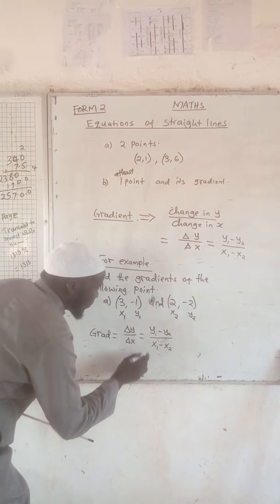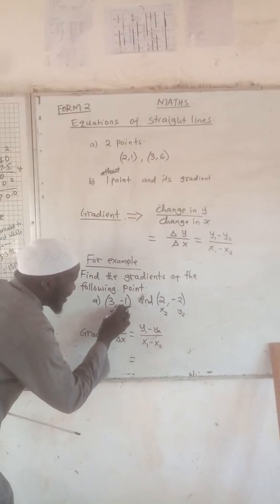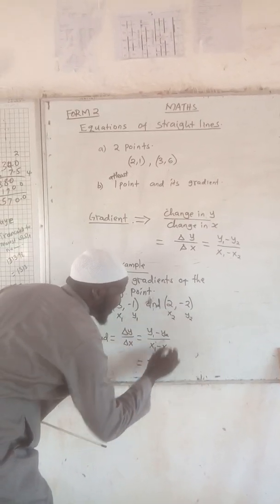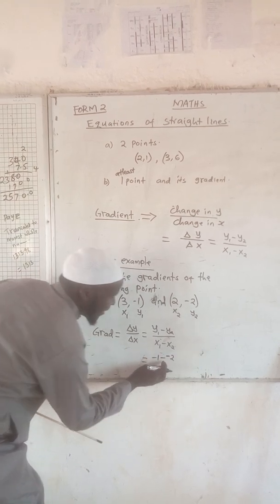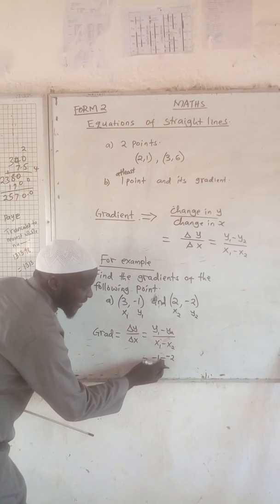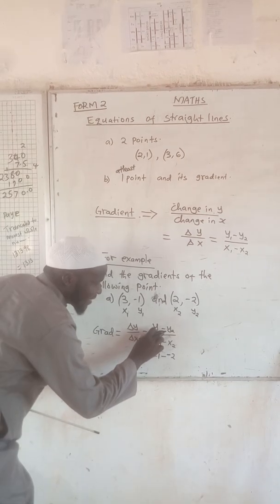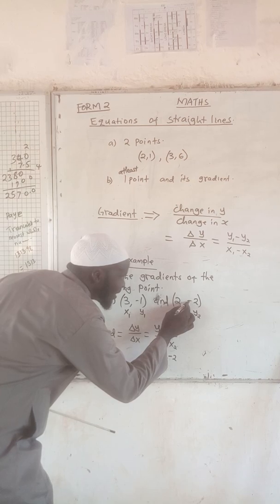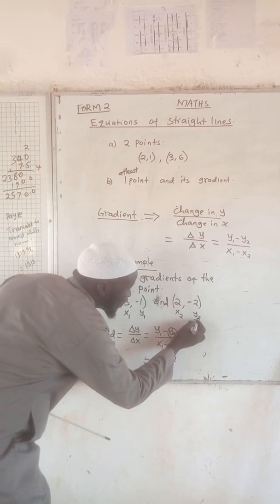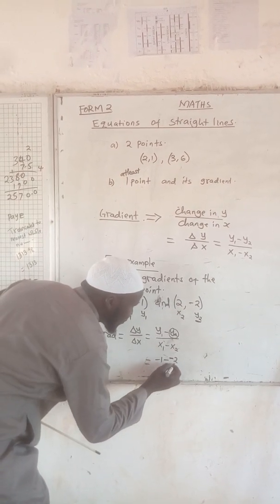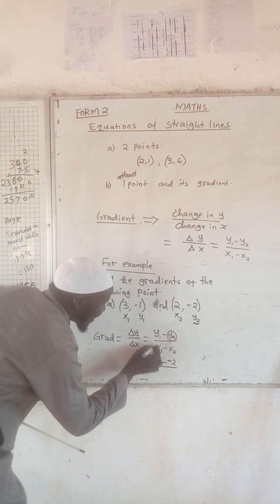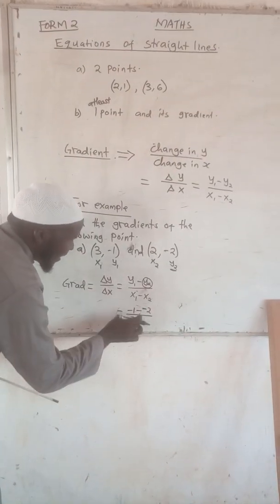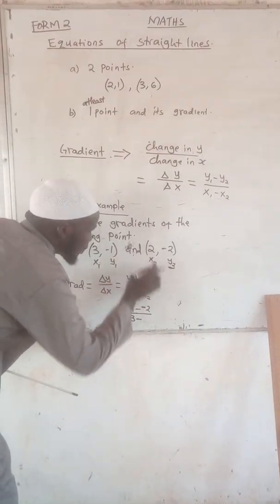So this will be equal to, what is y1? y1 is -1 minus, what is y2? y2 is -2. Don't confuse with this other negative. This was minus. Only y2 is -2, so -2 all over x1, which is 3 minus x2, which is 2.